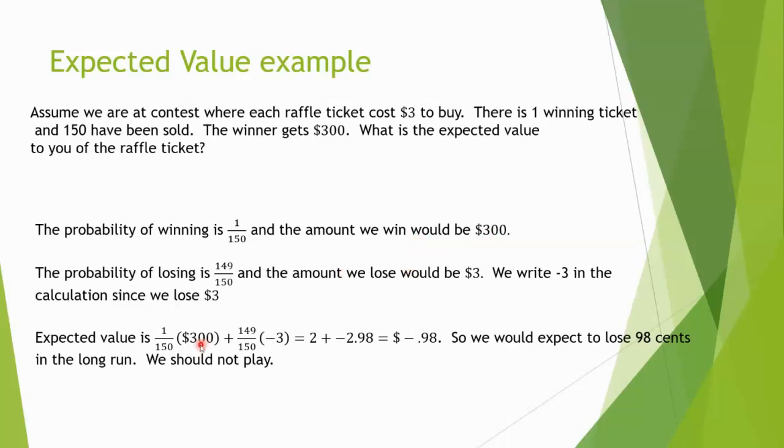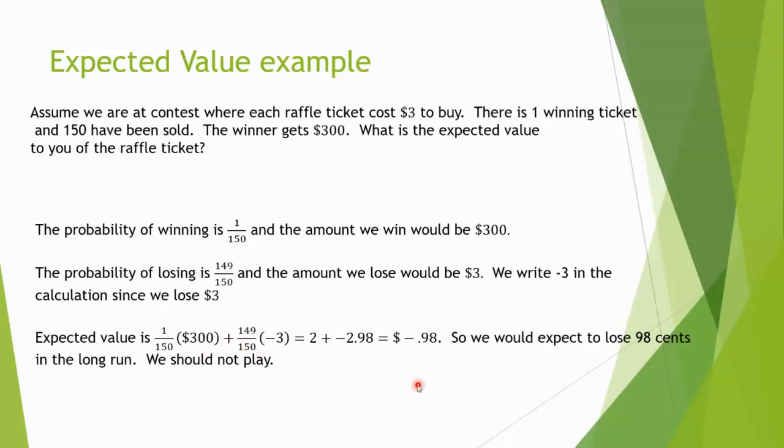Let's assume it's right. So expected value would be the probability times the outcome. Your ticket's called and you win the money, and then you have the outcome where you lose money and the probability of that. If you add these up, you get negative 0.98.